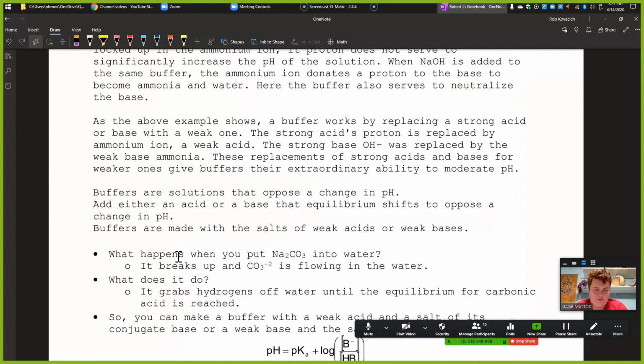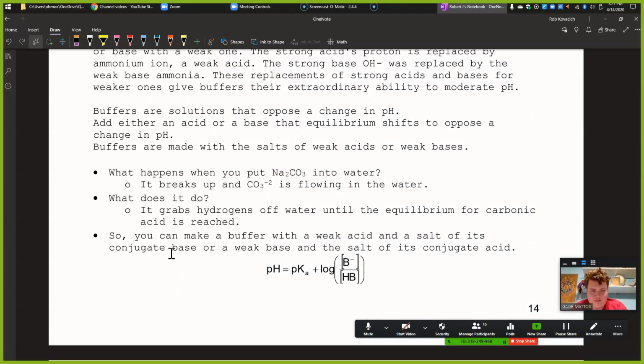All right, so let's talk about this. What happens if this goes into water?